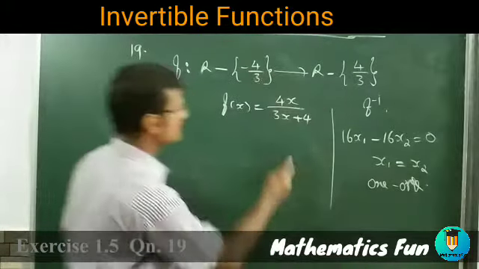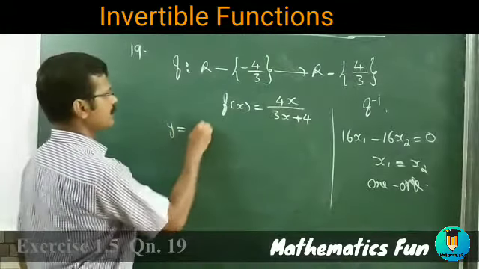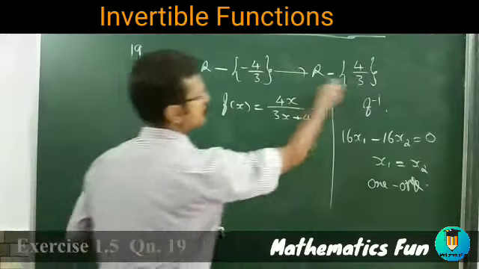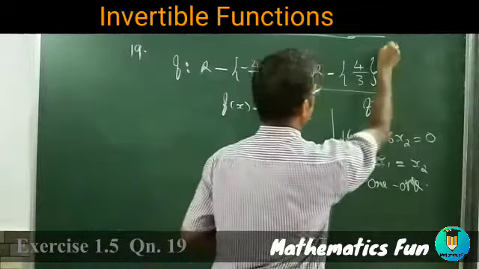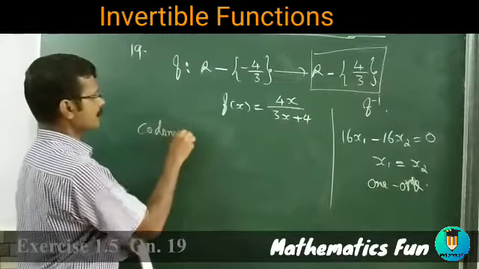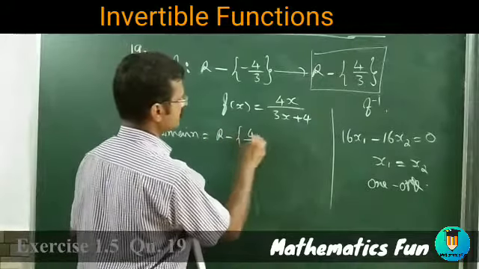Now I have to go for the onto part. First of all, if you want you can write the codomain. Codomain is equal to R minus 4 by 3.